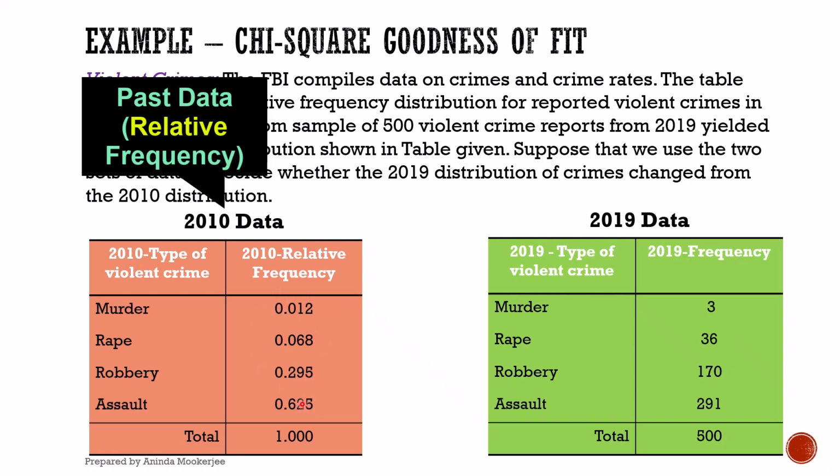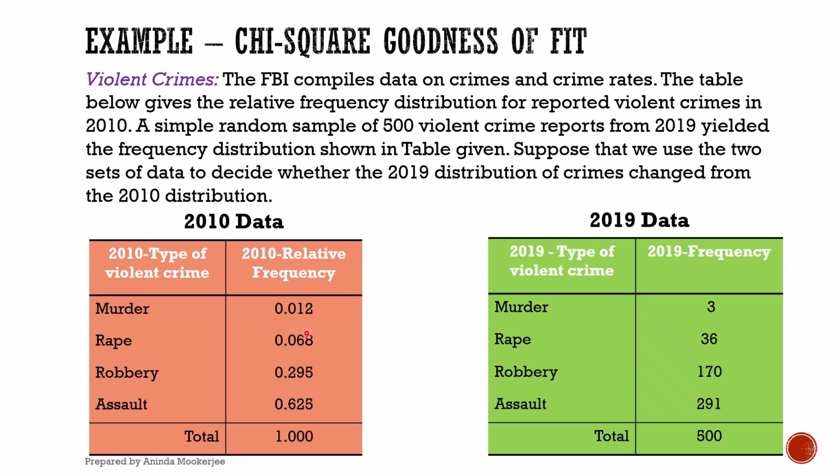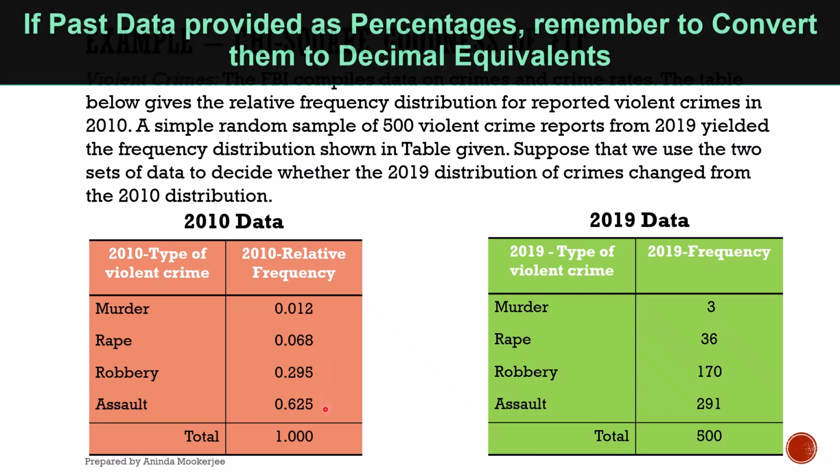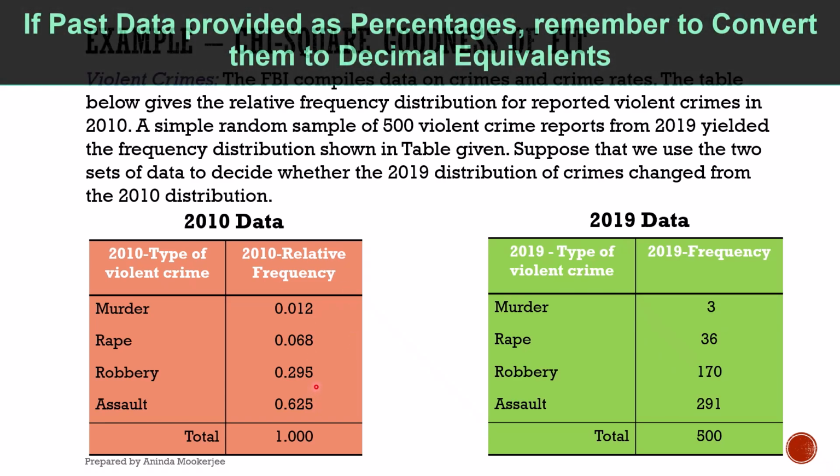Now this could also have been given to us in percentage. You would need to convert those percentage values to relative frequencies when we go about calculating expected frequencies and so on. But relative frequencies, percentages, and probabilities are often used interchangeably.